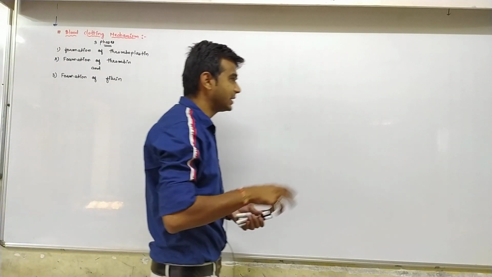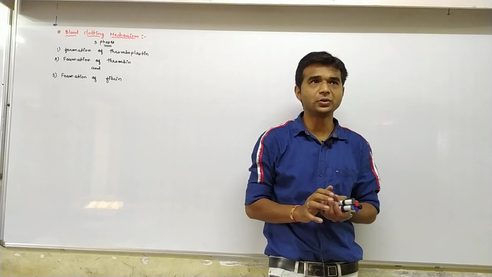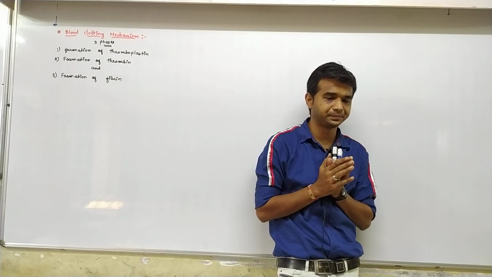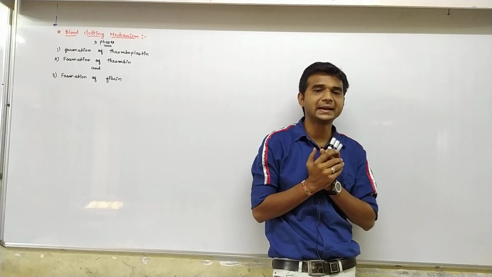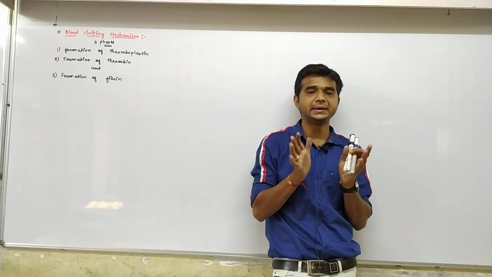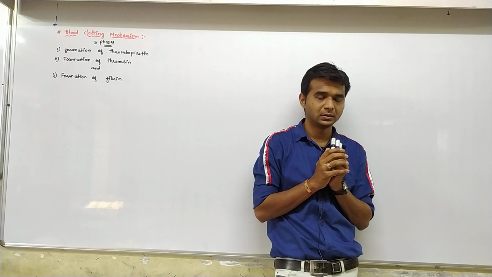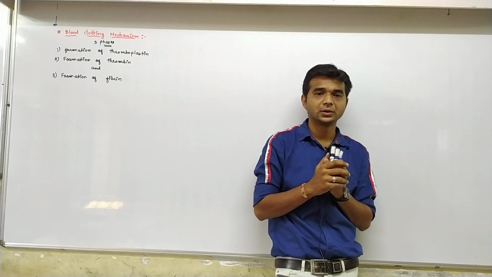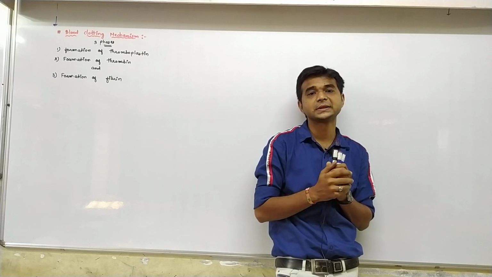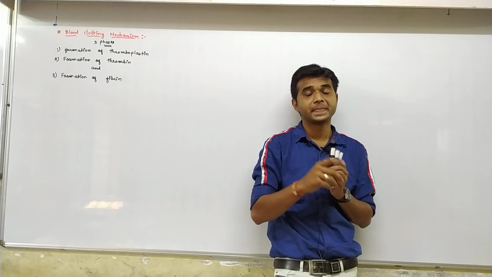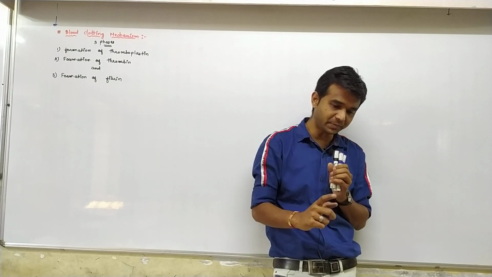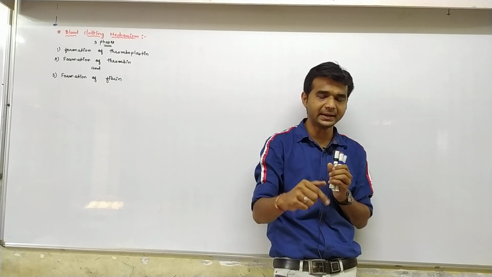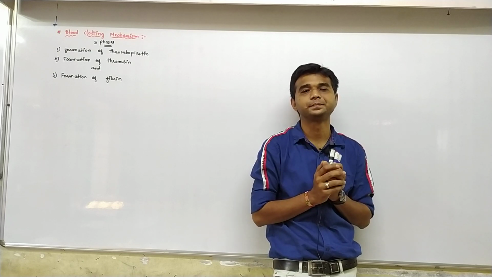Previously I told you that at the rupture site of the artery, platelets are activated, and after activation of the platelets, first thromboplastin forms, then thrombin is formed, and then at the last fibrin is formed.